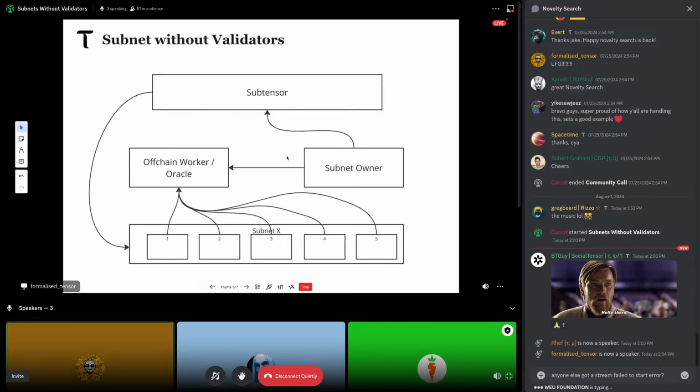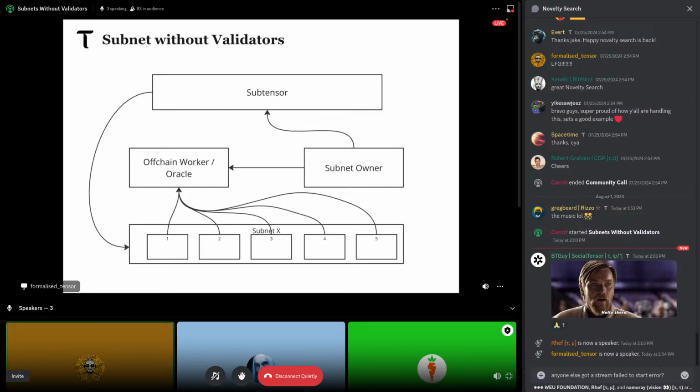They submit it to an off-chain worker or an oracle, and the subnet owner provides a kind of second factor authentication. This could be cryptographically signing it, or the person that physically issues challenges to the UIDs. It's a more vested party that submits to Subtensor, and Subtensor pays it out. So that's the very high level.